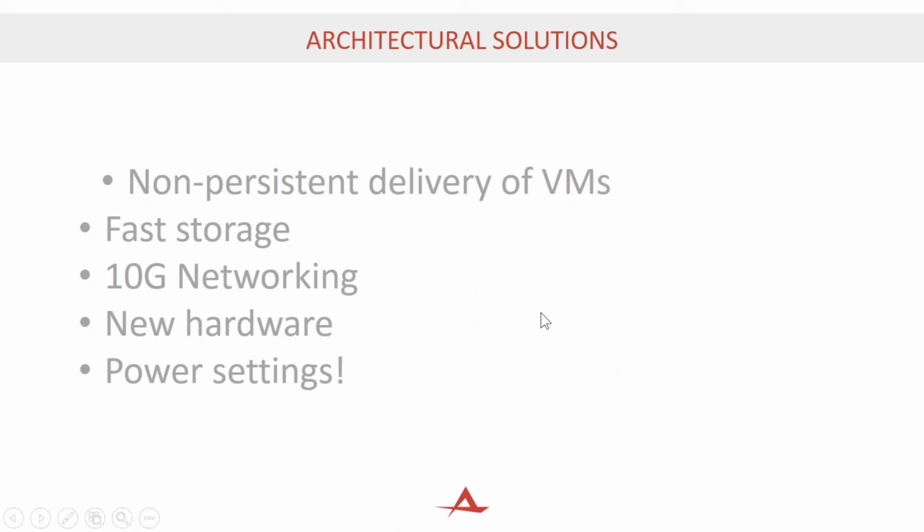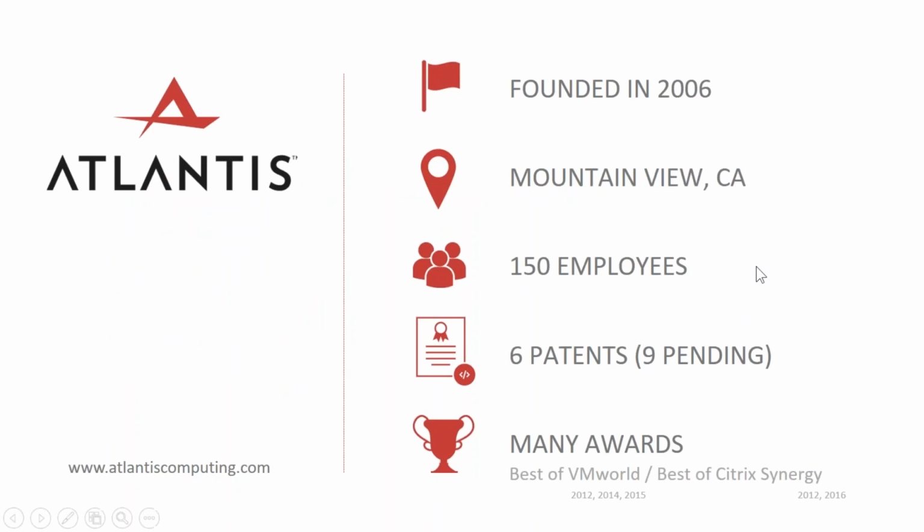So you've heard us talking about the Windows 10 characteristics within VDI. I just want to spend a couple of last minutes going through the Atlantis value. I think some of you are long-term supporters of Atlantis, customers and partners currently, and we just want to spend some time talking about the key differentiators of the Atlantis software.